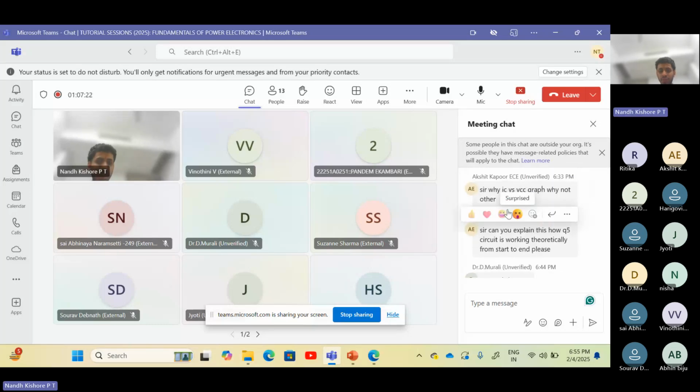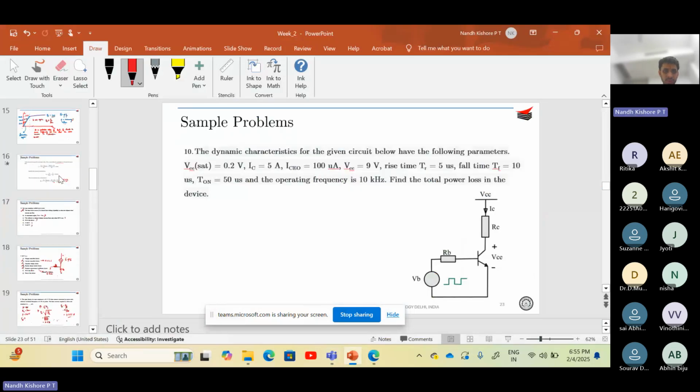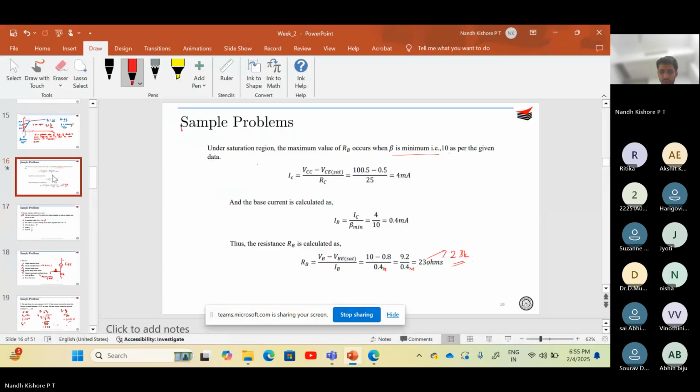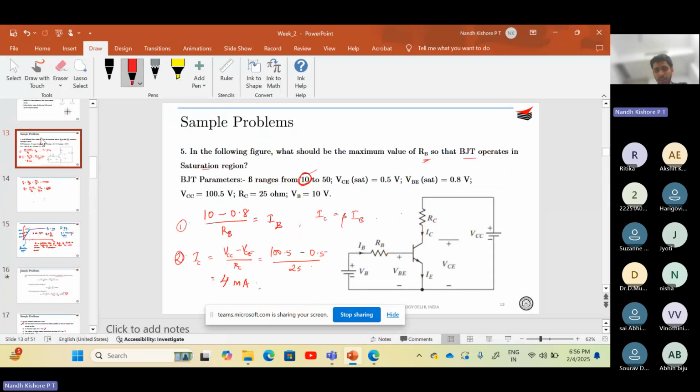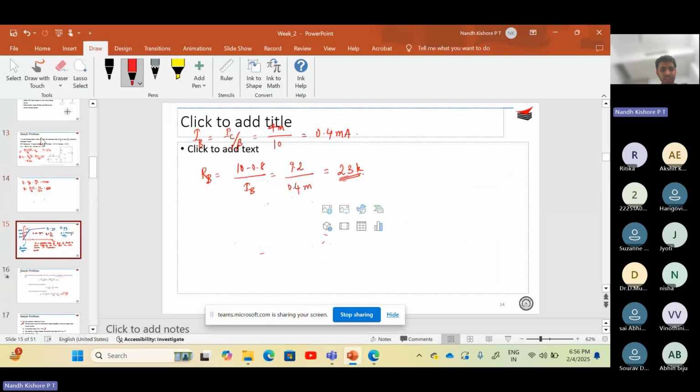So question number 5. What should be the maximum value? Okay. So I just explained the gist once again.